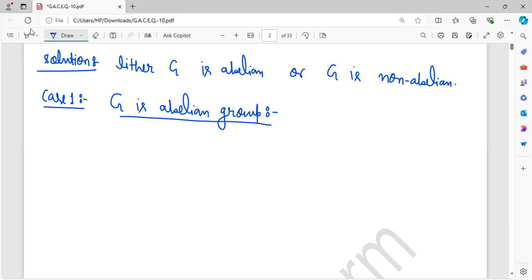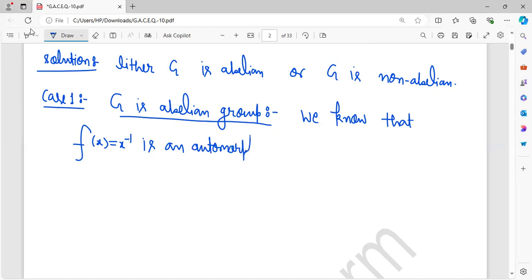If G is an abelian group, we know this fact: f(x) = x inverse is an automorphism of G if and only if G is abelian. We know this fact because we are taking the case in which G is abelian.